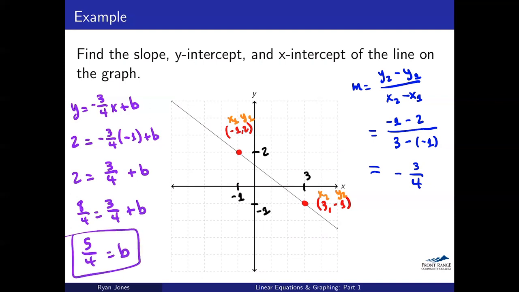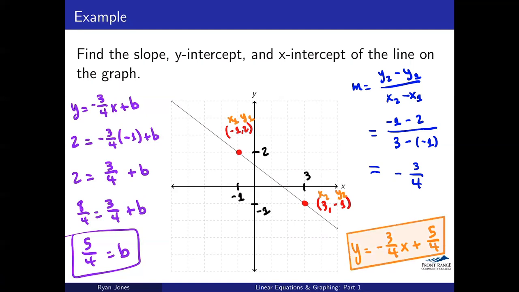Now we actually just have the equation of our line. I'll kind of sneak that down over here. y equals -3/4 x plus 5/4. Now, this was kind of a lot of work. When we look at all of this, I mean, we had to find 2 points on the graph. We had to calculate the slope between them.